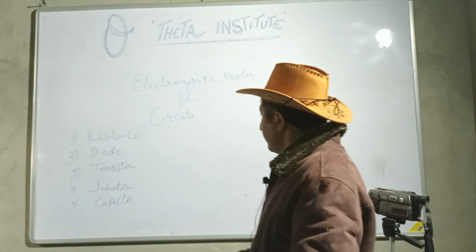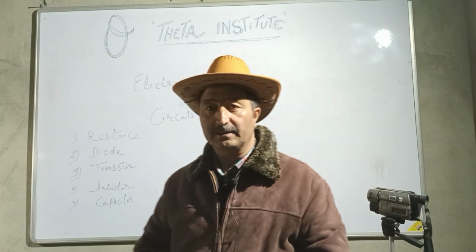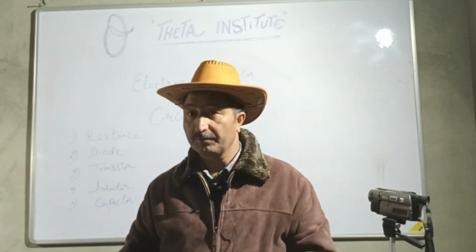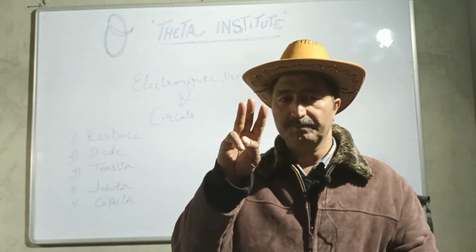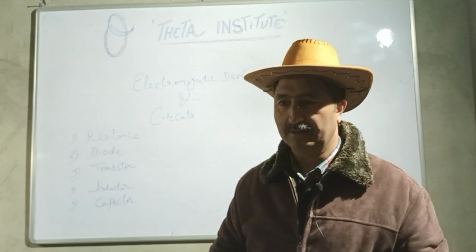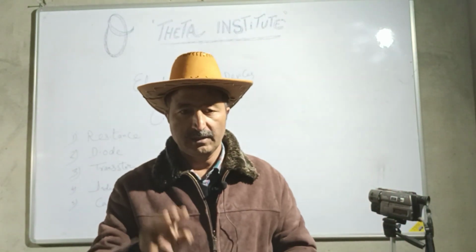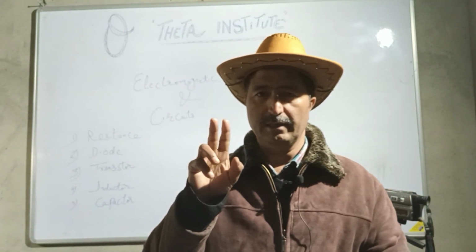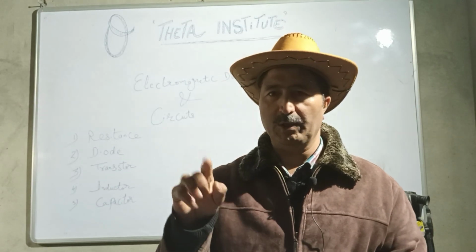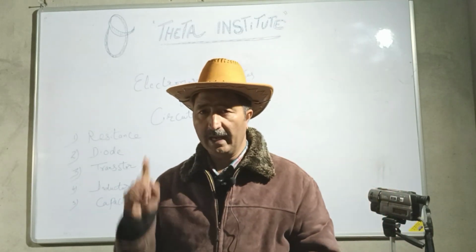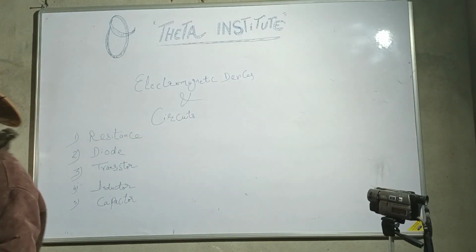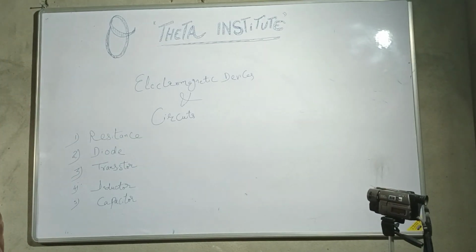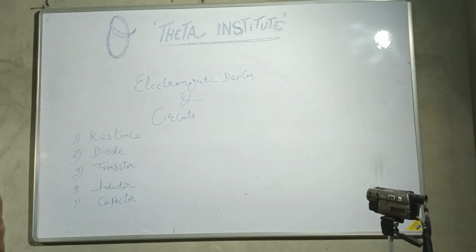Now, a transistor is a device which is made of three pieces, P, N, and P, or alternatively N, P, and N. Transistor is a device which is made from three components.